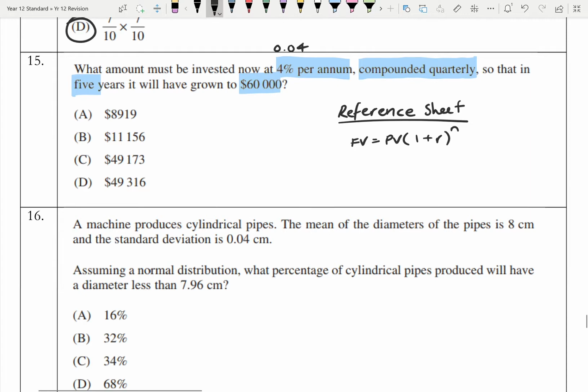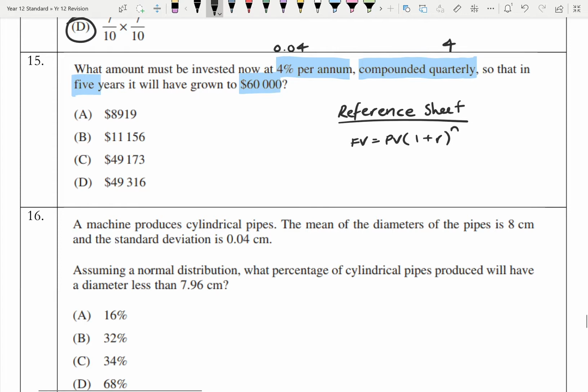Okay, now there's actually a few things going on with this question. The first thing that I'd really want to cover is that this interest is happening quarterly. We need to figure out, well, how many quarters are there in a year? And quarter, quad bike, think of words that start with the Q, that's going to be 4.